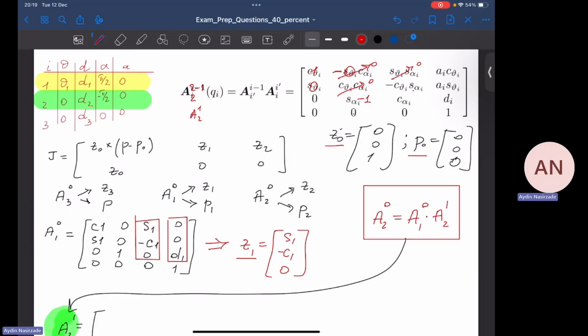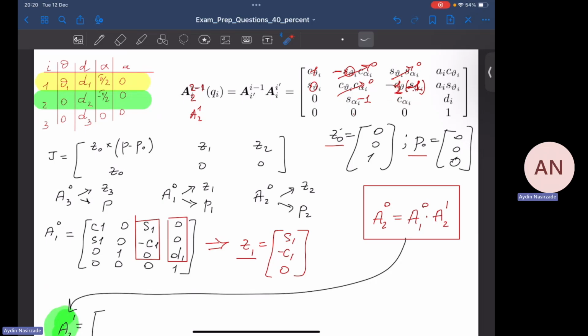Sine of 0 here, no, it's actually 1 times minus 1, right? -1, right? Why -1? Because sine of alpha 1. What is alpha 1? This is alpha 1. So sine of minus pi by 2 gives us -1 times the minus from the equation, times cosine of 0.